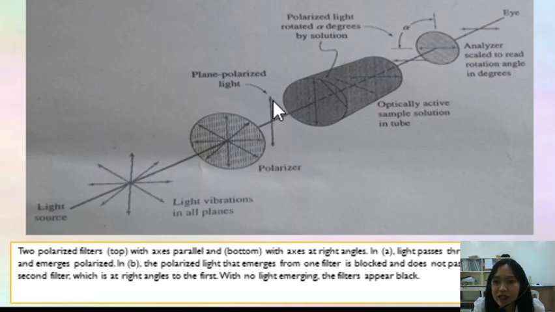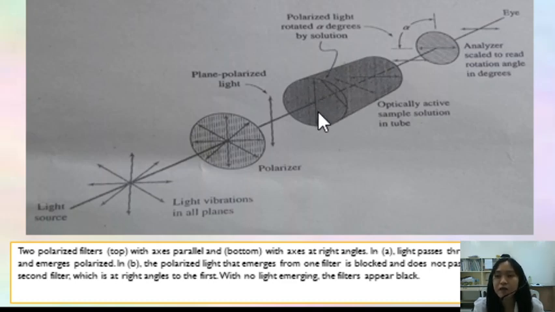So, galing sa vertical line, pag-pass through ng light dito sa ating optically active solution, the plane polarized light is rotated at a certain degree by the solution. So, dahan-dahan siyang nag-turn into horizontal. So, yan yung sinasabi natin na rotation of plane polarized light.